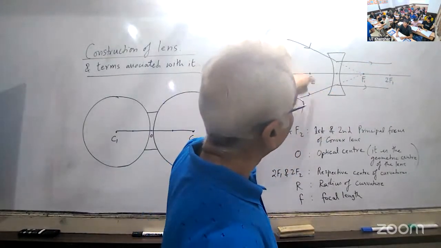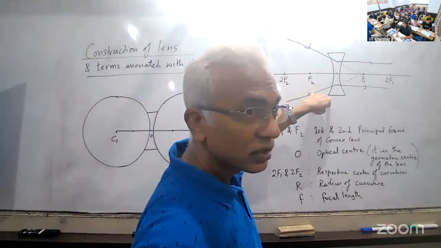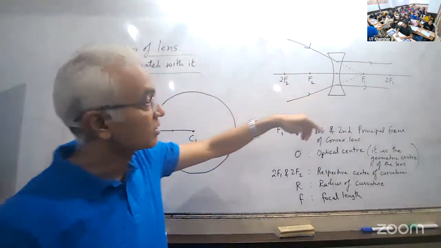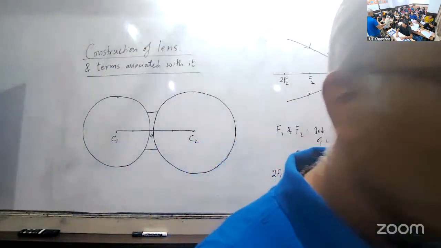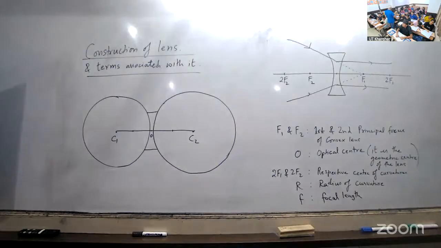In case of concave lens, it is also called diverging lens, right? So you can write this name for convex as converging and concave as diverging. When you write convex lens, write that as converging, and concave as diverging. So that helps to remember the lens and its making.